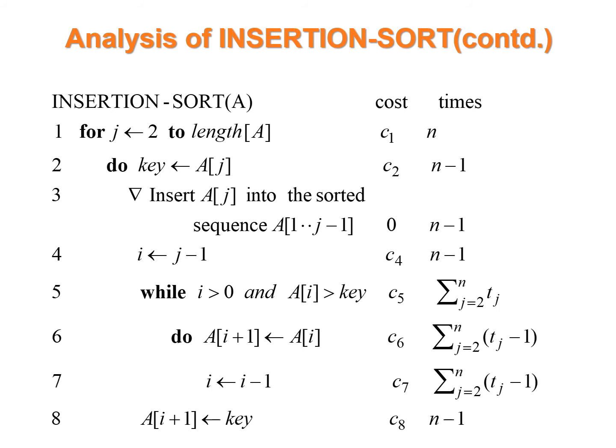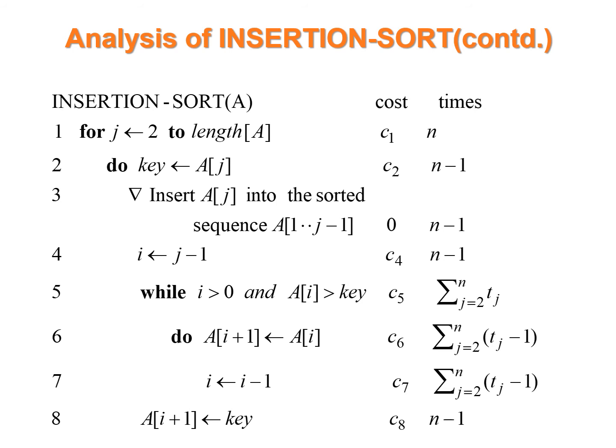Step 3, insert A of j into the sorted sequence: cost 0, times n minus 1.